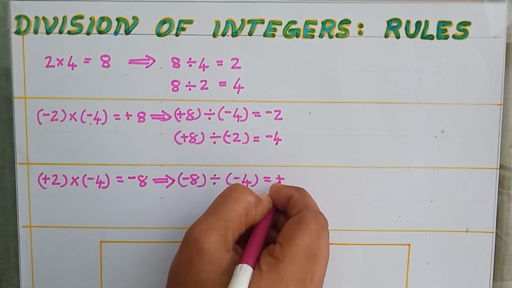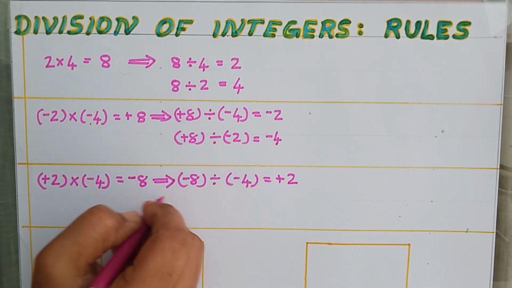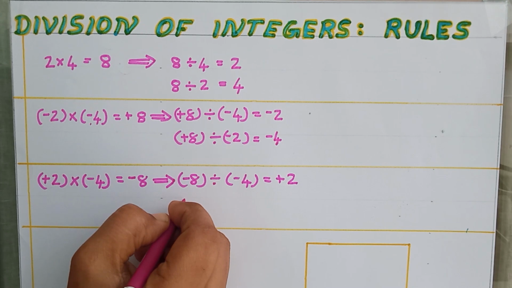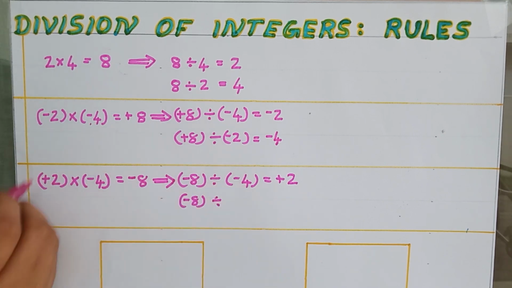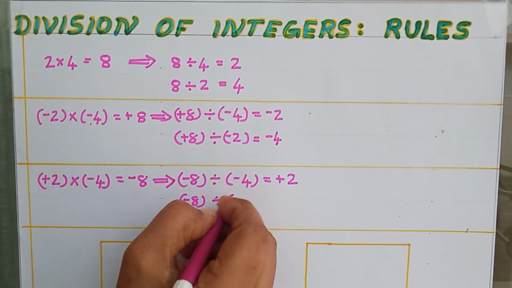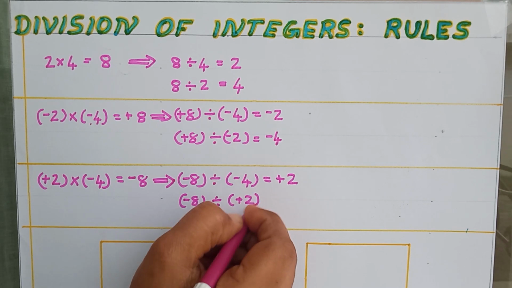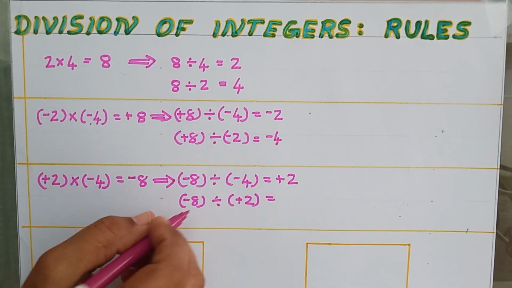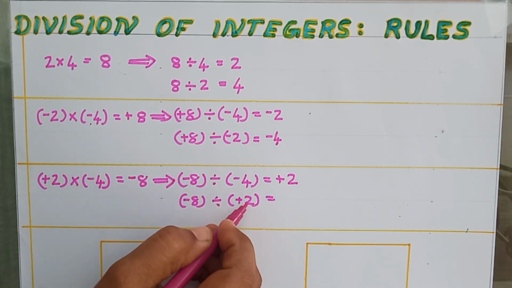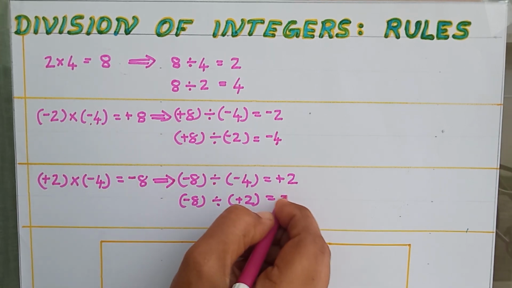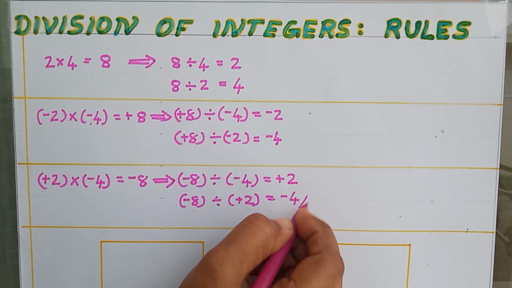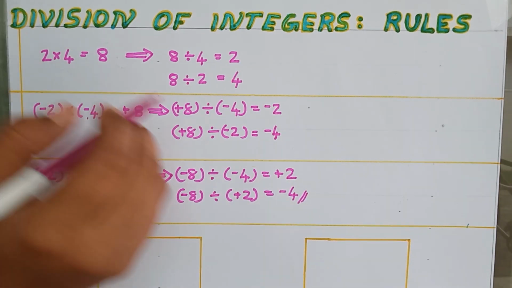Positive 2. Then again one more. -8 divided by, instead of -4 we are taking plus 2 equal to, we had used -8 and plus 2. So remaining number is -4. So this is the answer.